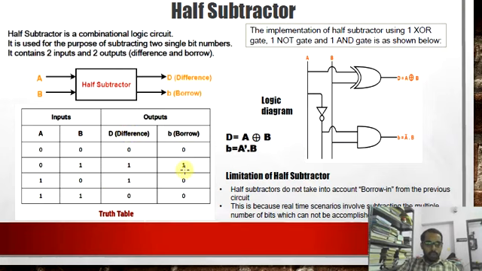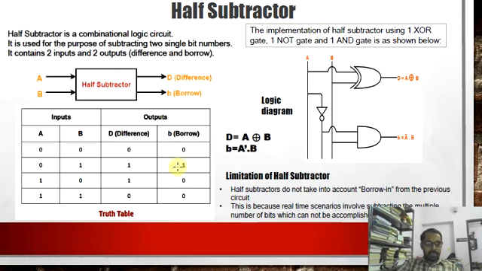And for borrow, you can see that output is 1 only when A is 0 and B is equal to 1. So you can simply make the corresponding logic combination, the Boolean expression for this.